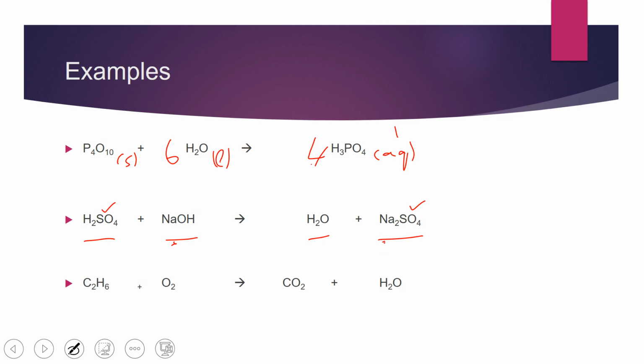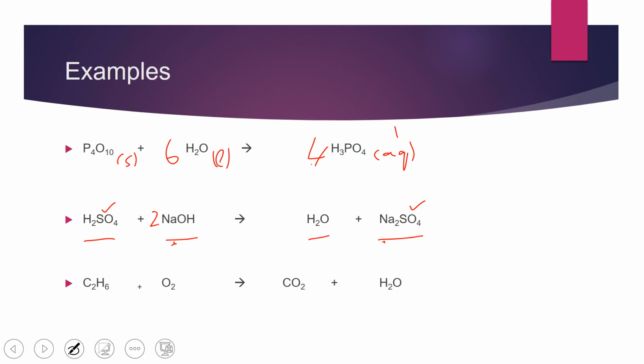So if I have a look here, I have 1 sodium here and 2 on the right-hand side, so I'm going to make this a 2. Now if I look back on my right-hand side, I have 2 hydrogens and 1 oxygen, but I can see straight away, what have I got here?